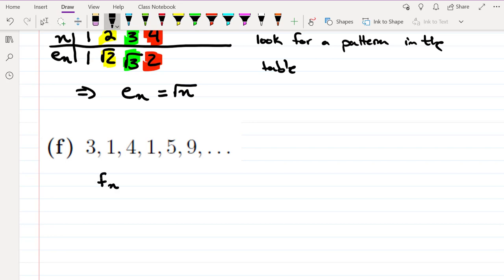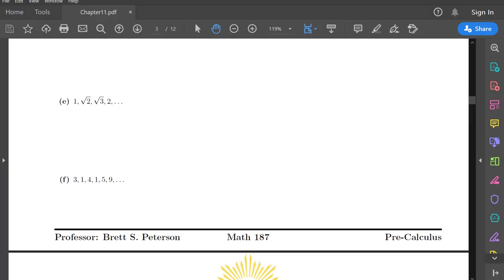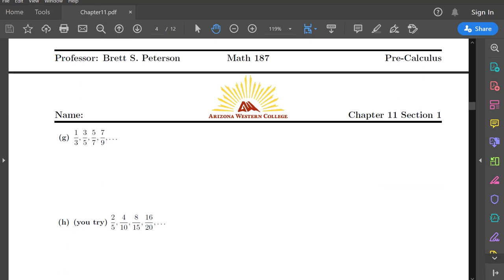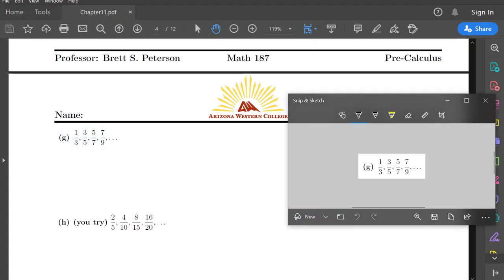So f sub n is the nth digit of pi. So we know pi is 3.141592, and so on forever. And so this is a well-defined sequence, but there's no rule that we can write down that will generate all of the digits of pi.